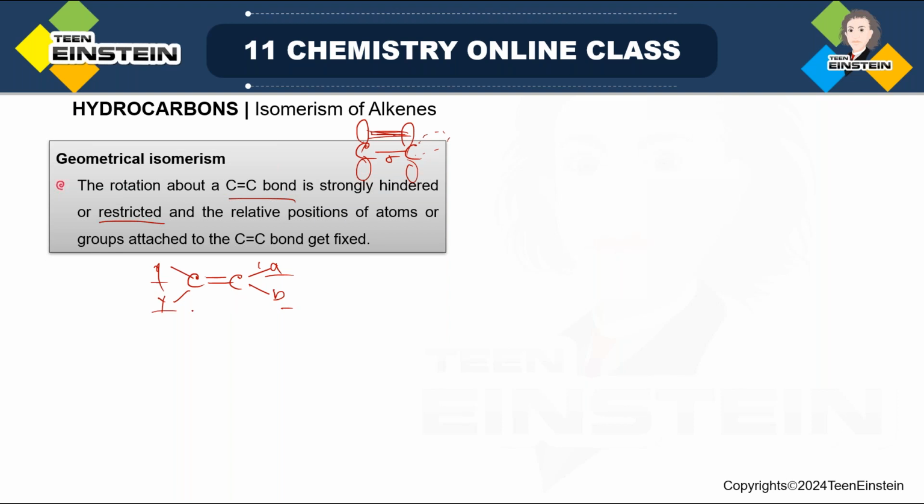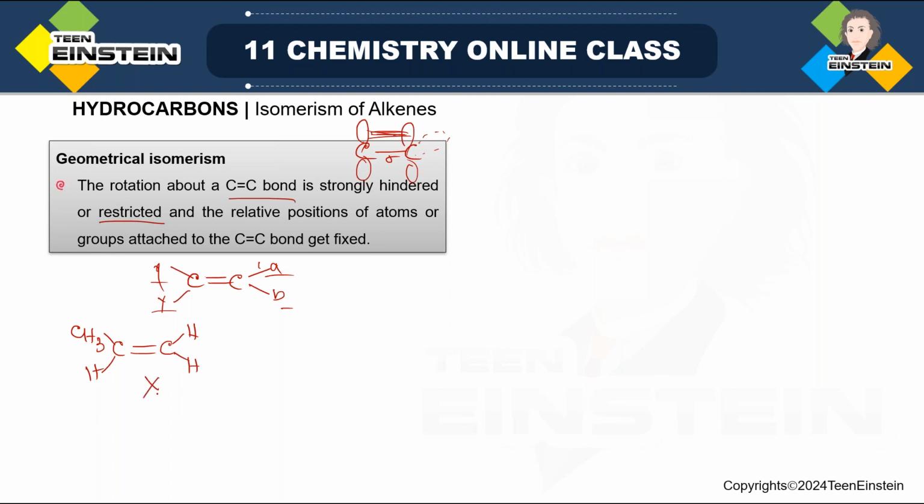Now, depending on their positions, you can have different types of isomers. Okay. Now, what type of isomerism is possible? Suppose simply take CH3-CH=CH2. In this case, geometrical isomerism is not possible. Why?